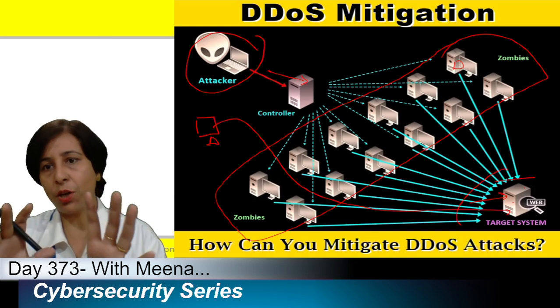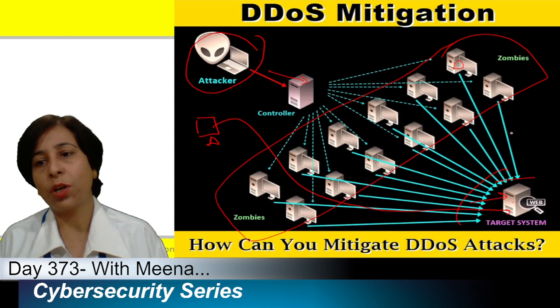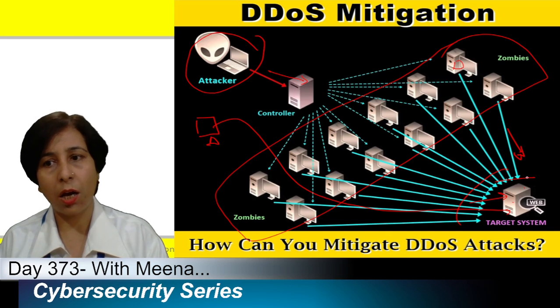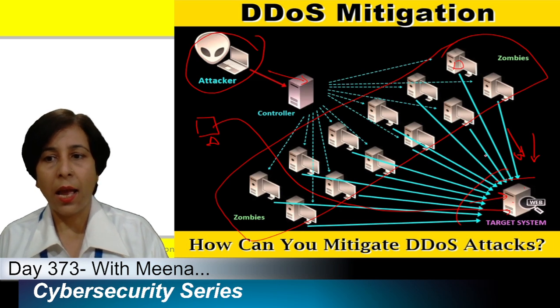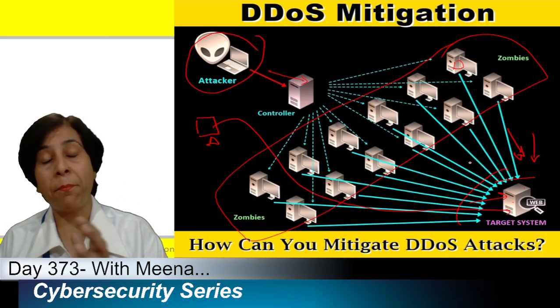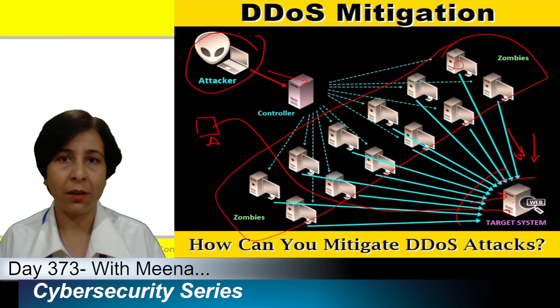We need to understand how it works. It tries to consume the bandwidth and the resource power, the CPU power, by sending a lot of traffic. We need a mechanism to understand whether the traffic coming in is legitimate or not.